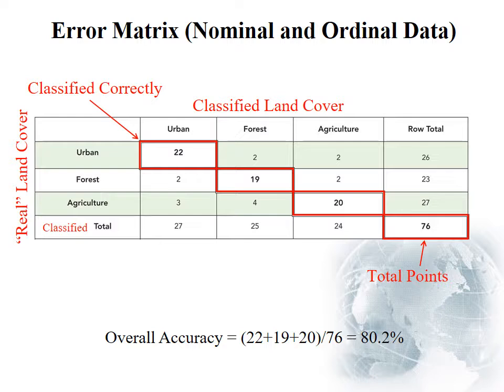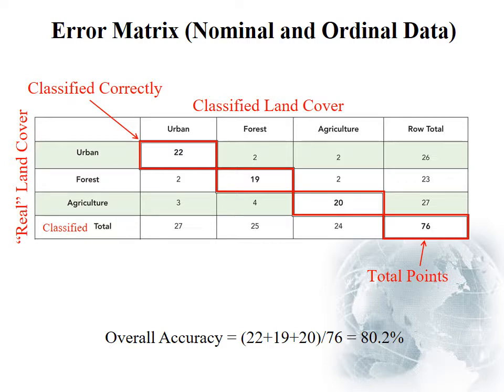So for the classified map that we created, the accuracies of 22, 19, and 20 out of 26, 23, and 27 total 76. So that sum divided by 76 gives us 80.2% overall accuracy. So our map was 80% accurate in matching what we observed as being urban, forest, and agriculture at locations on the Earth's surface to what the algorithm produced when we told it to create a map.